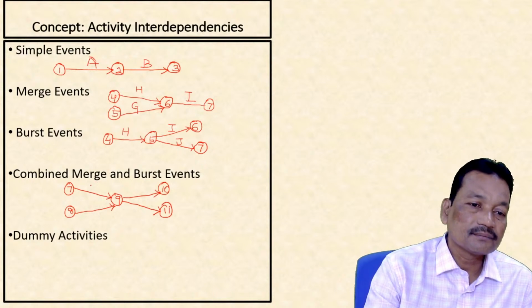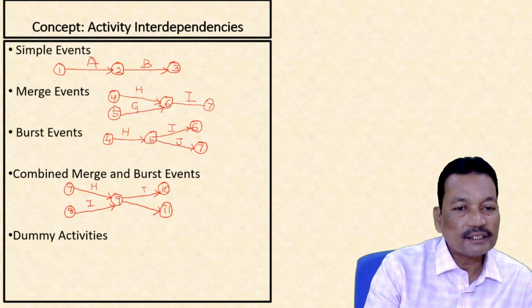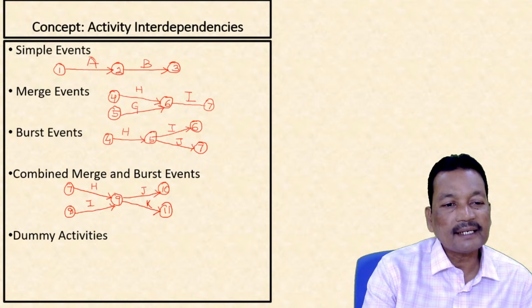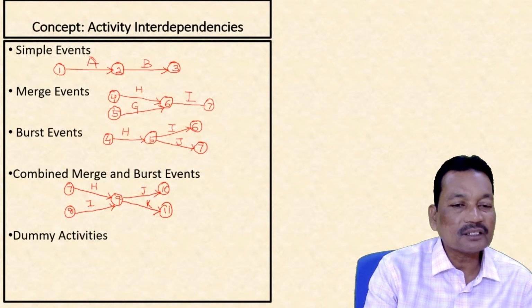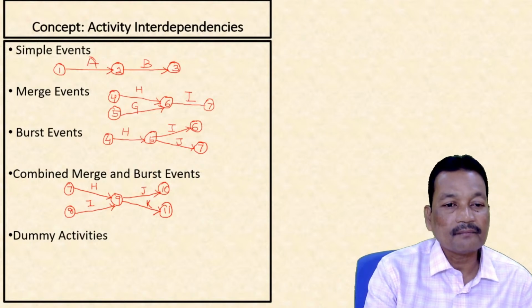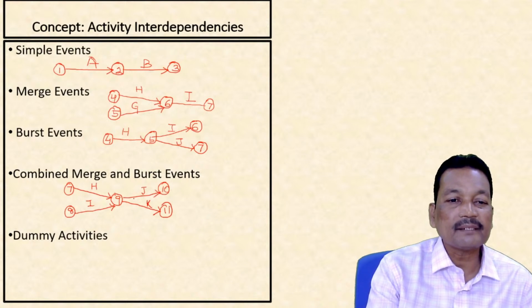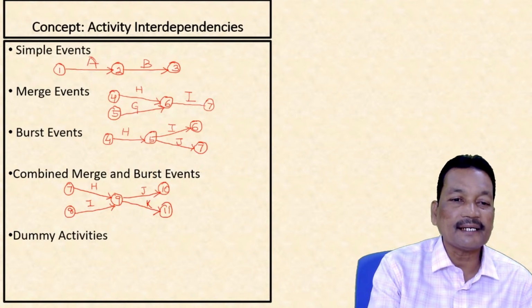This is H, I, J, K. All of us see events 7 and 8, which are having activities H and I. They are merging at event 9, and event 9 is again bursting into activities J and K which are finishing at 10 and 11.